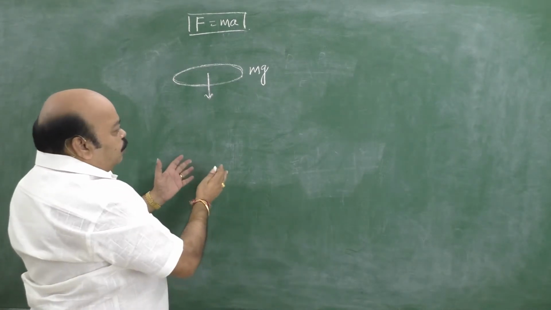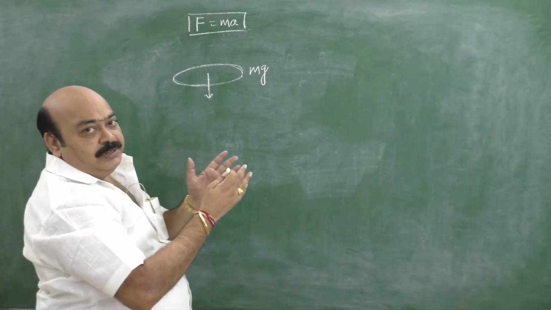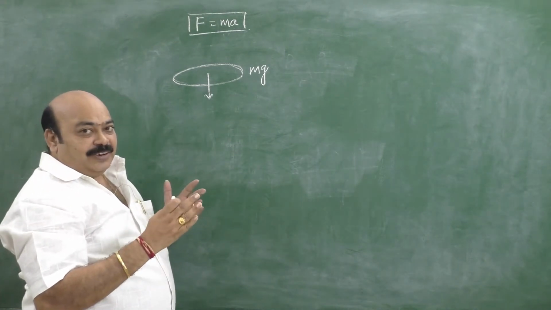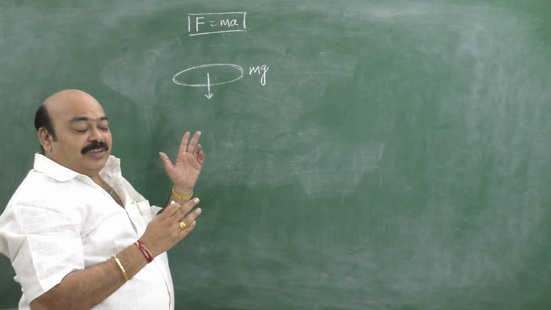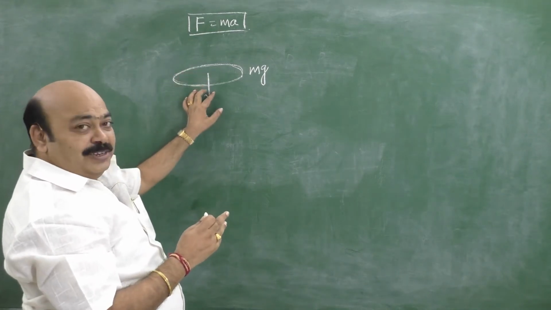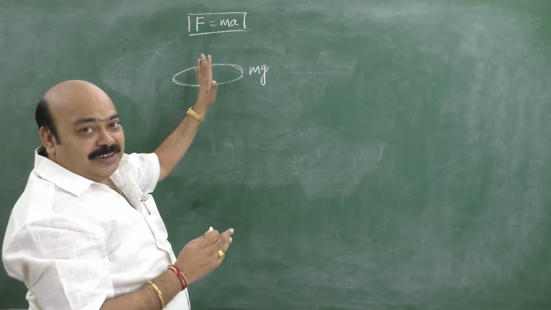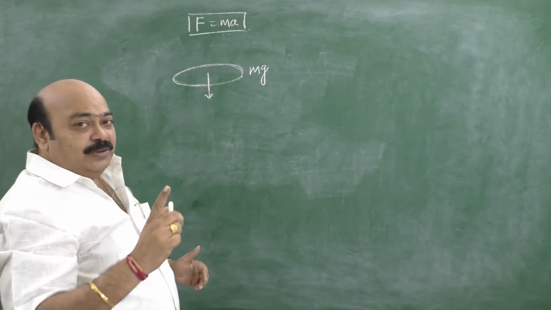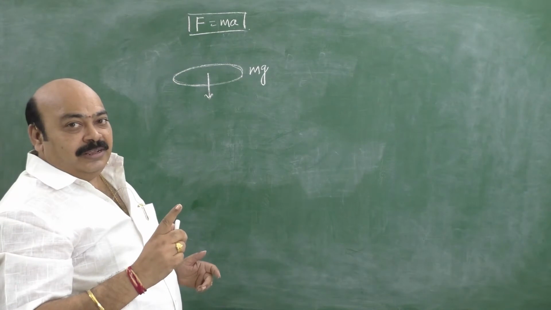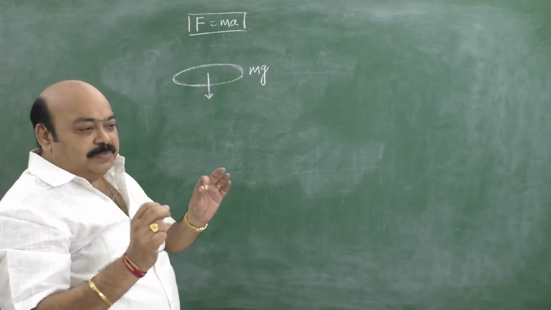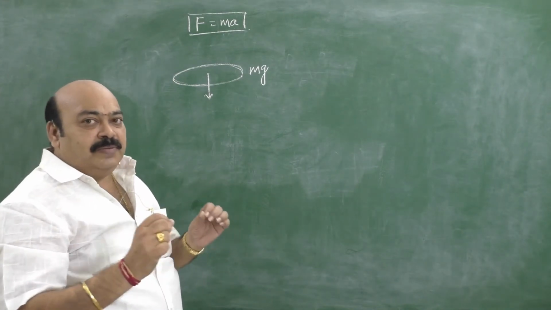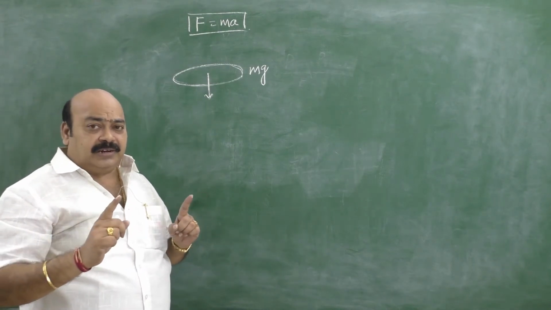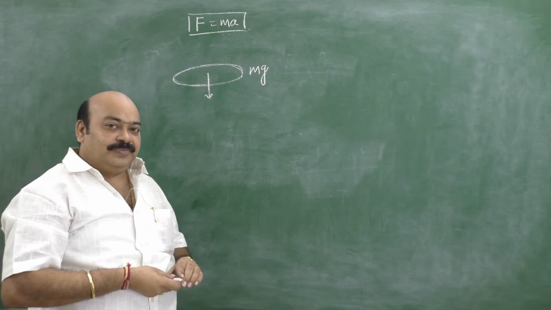If we are able to produce an equal amount of force in the opposite direction, once again here action is on the spheres and reaction is on the plate. Reaction does not act on the same body. Number of times I am warning you, beware of this statement. So many people simply say for every action there is an equal and opposite reaction. It's not the case. Action and reaction never act on the same body.